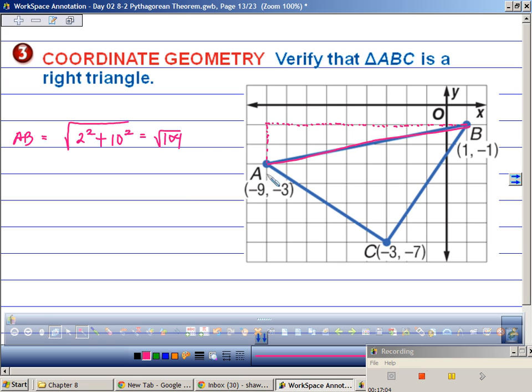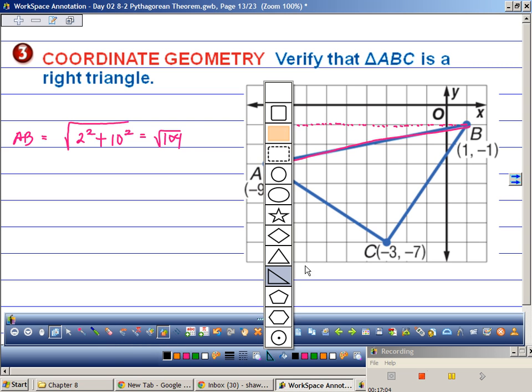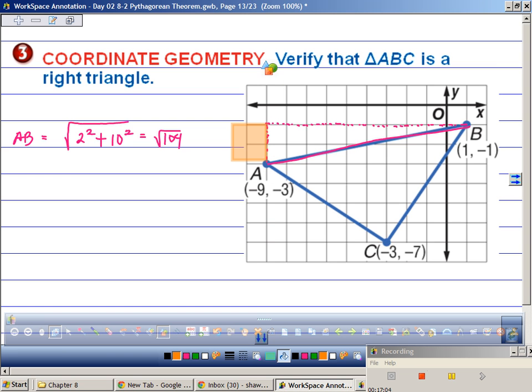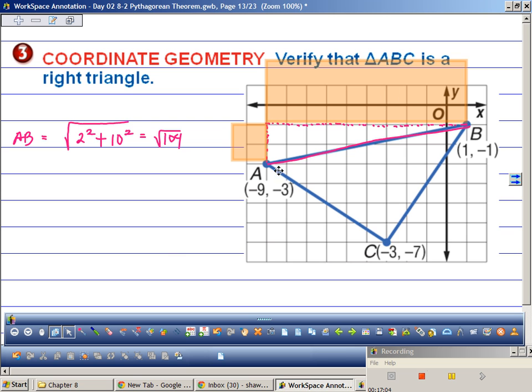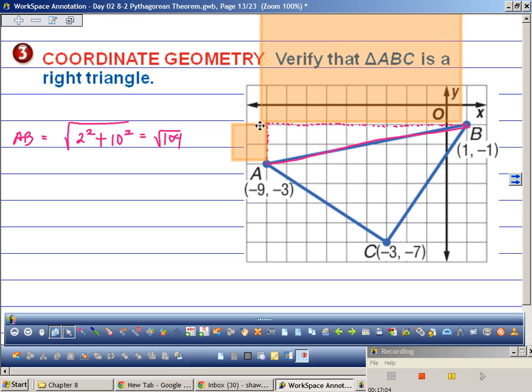Does everybody see what I was doing? When I rise up 2, I'm finding the square. Actually, let me change it. This is the square over here. Only it's a rectangle, but it should look like a square. And summing those up gives me the distance here.